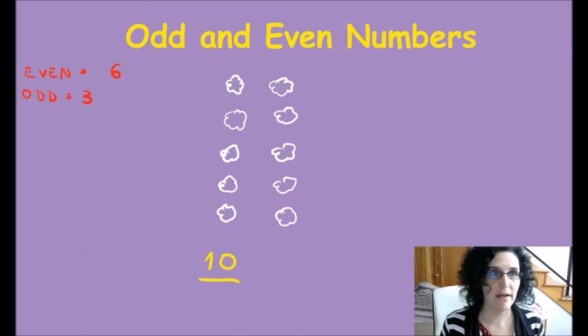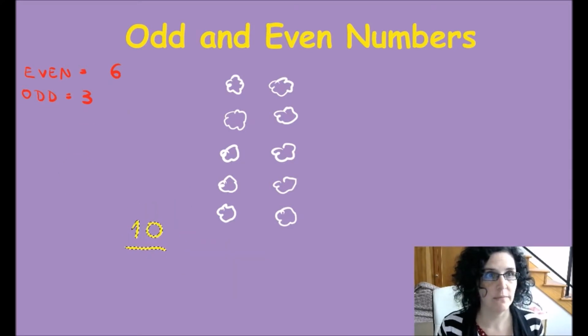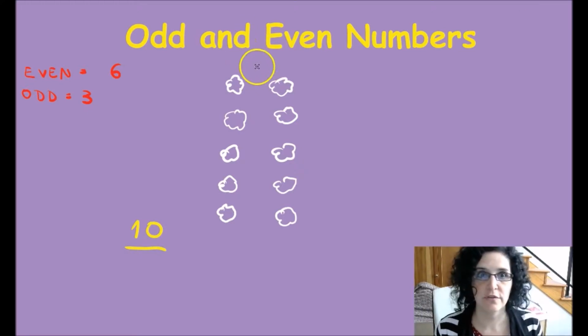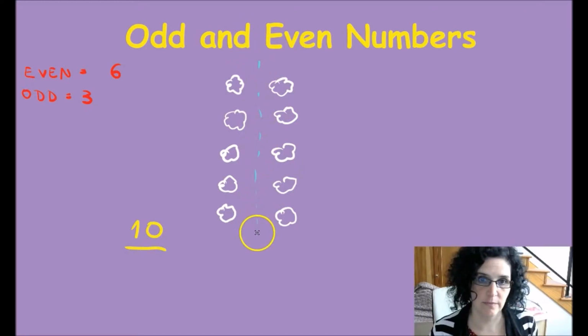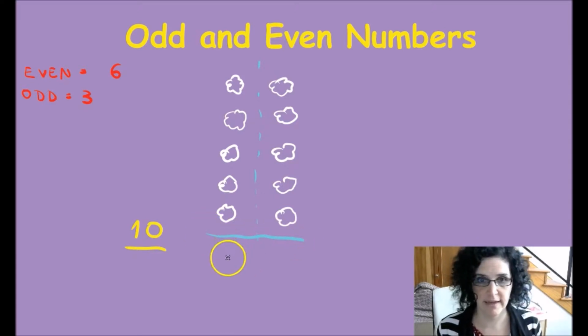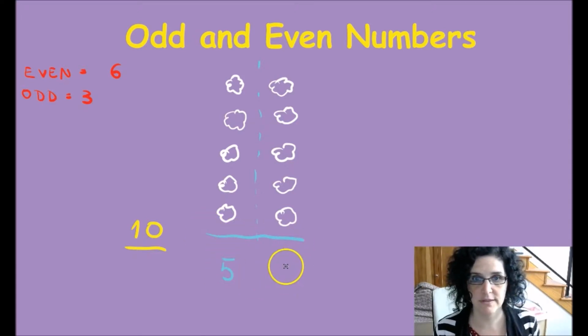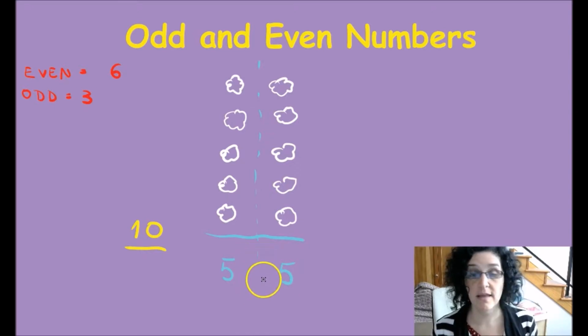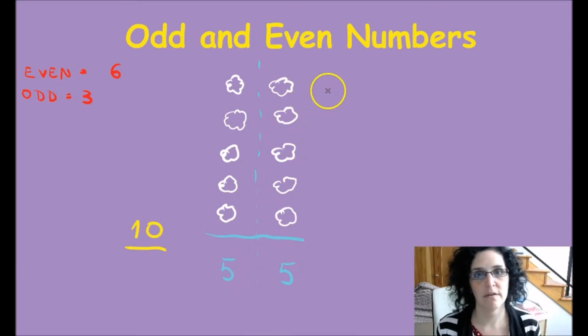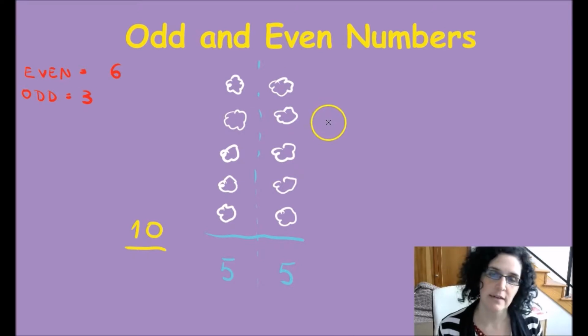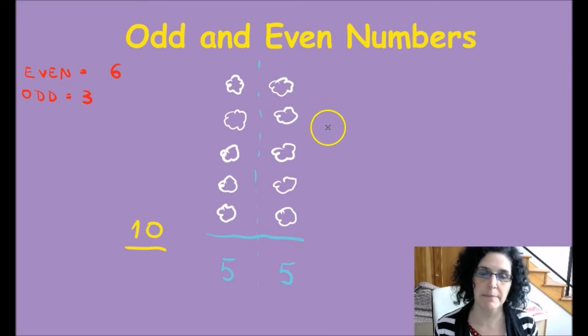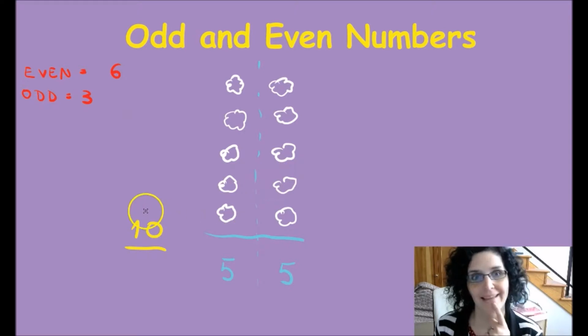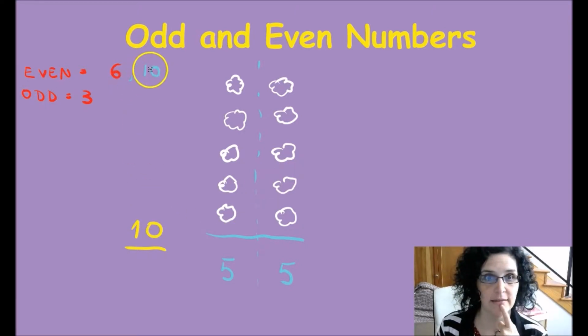If I put a line in between them to divide them in 2, I find that each one of these sides will get an equal number of cotton balls, or little clouds, or sheep without feet, sleeping backwards. So a 10 is also an even number, so we can add 10 here to our even numbers.